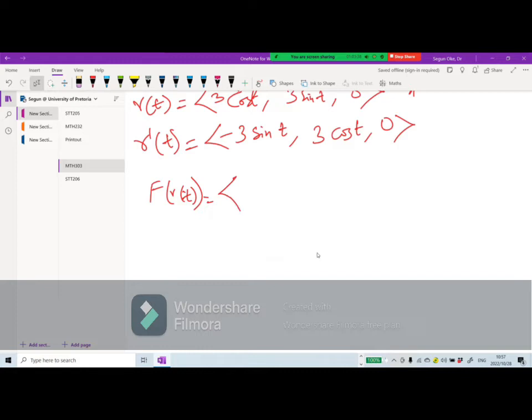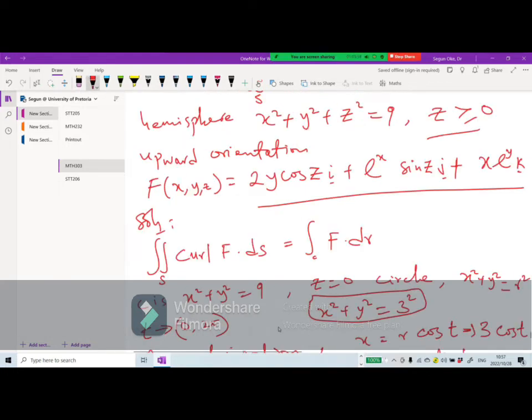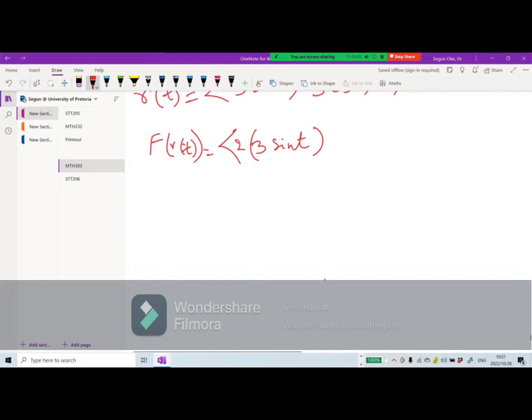So we're going to have 2 in brackets 3 sin t, then multiplied by cos z, which is cos 0, remember our z is 0.